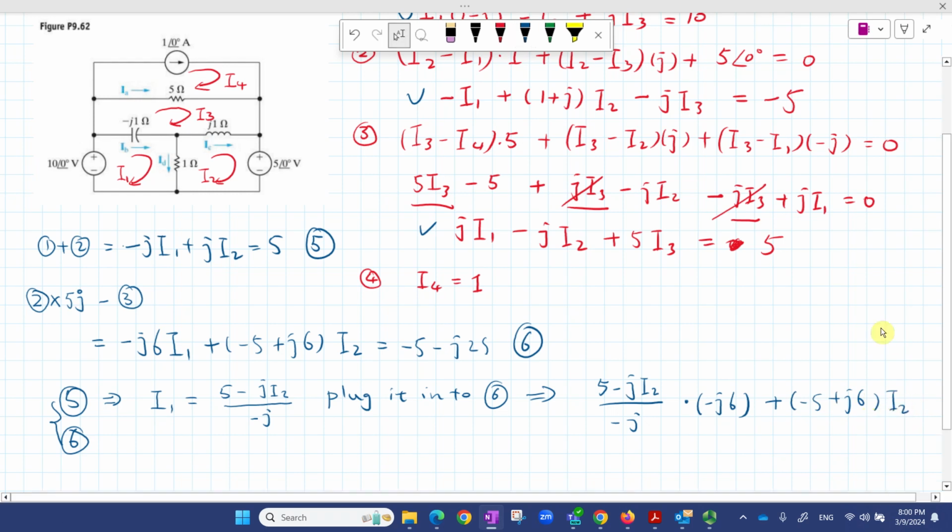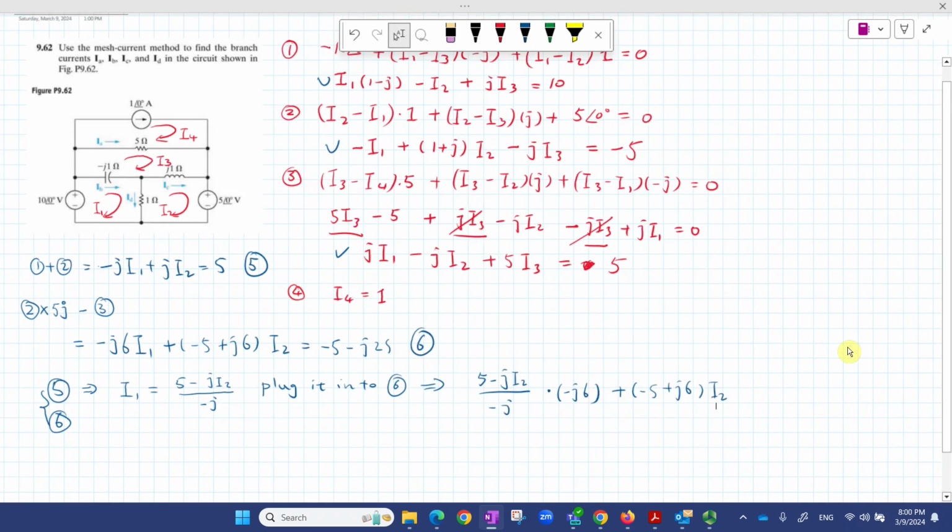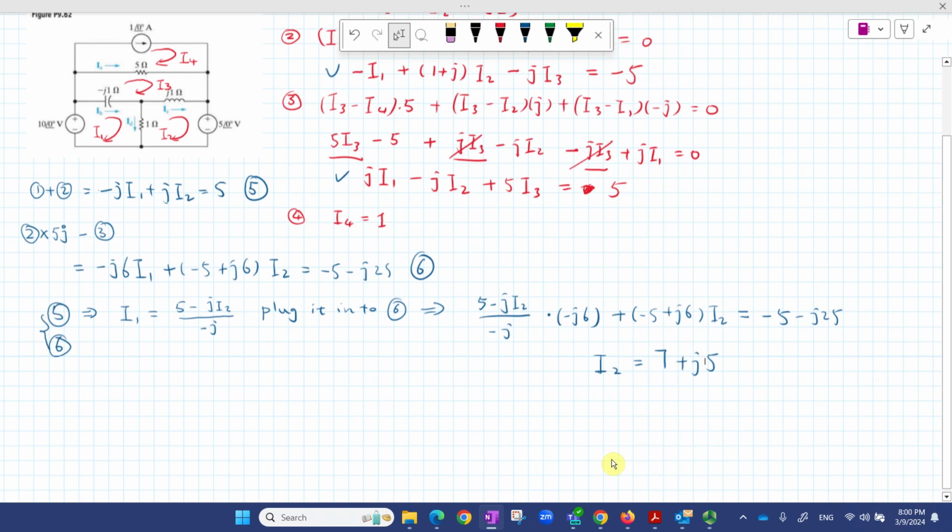So this one actually equals negative 5 minus j25. Okay, so you move terms, collect all the I2 together, and then you will find that in the end I2 equals 7 plus j5. All right, that's the thing.